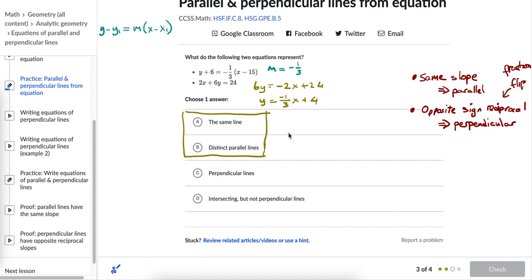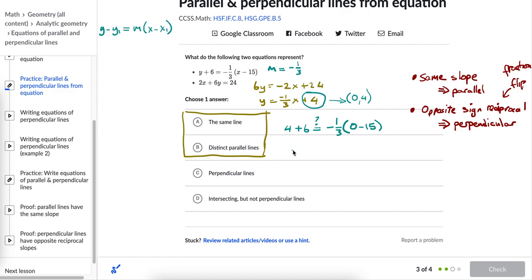So let's check and see if 4 plus 6 is equal to negative 1/3 times 0 minus 15, right? So we just plugged in the point 0, 4, which is our y-intercept, okay?